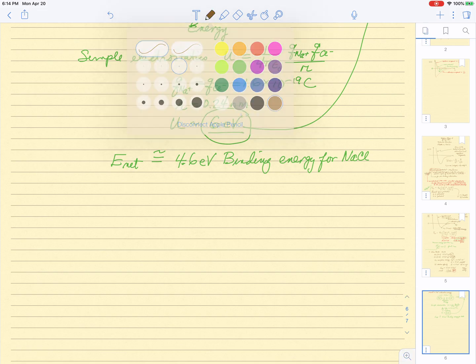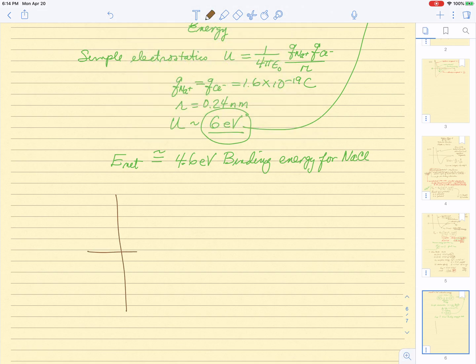Now, what does that look like graphically? Let's take a look at this. This is R, which we'll put in nanometers, and this is the total energy in electron volts.